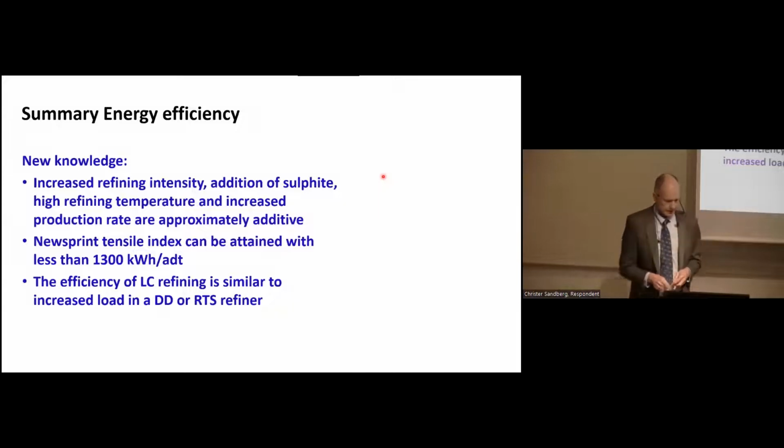And as I said, producing newsprint final pulp at 1,300 kilowatt hours per ton, I have never seen in full scale. And also this with the efficiency of LC refining, we have seen that in some cases it is similar to high consistency refining.